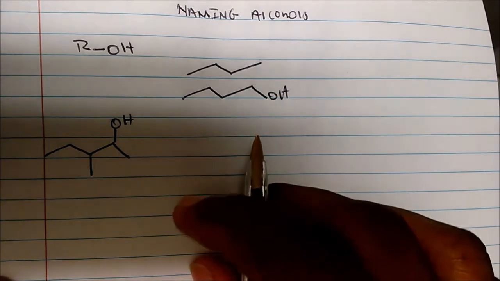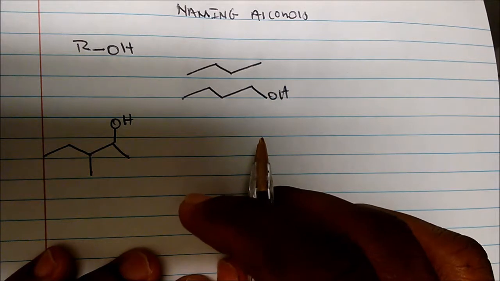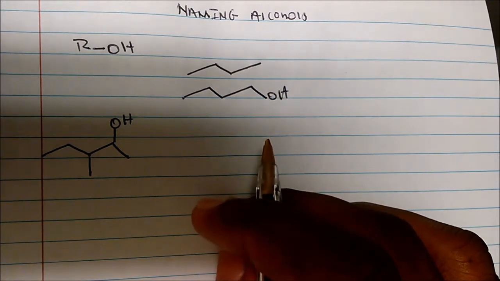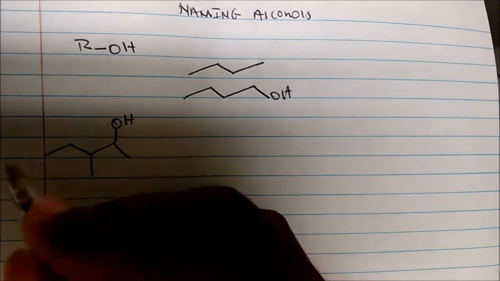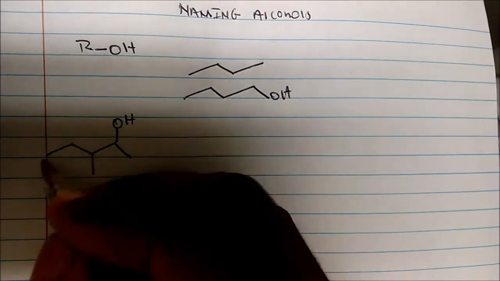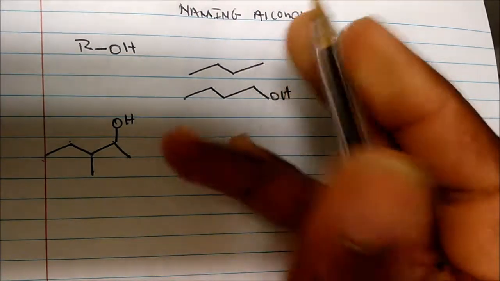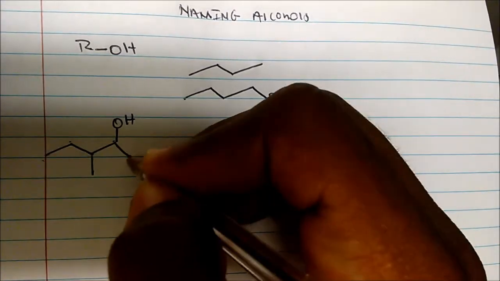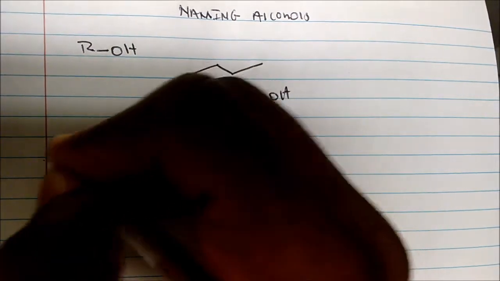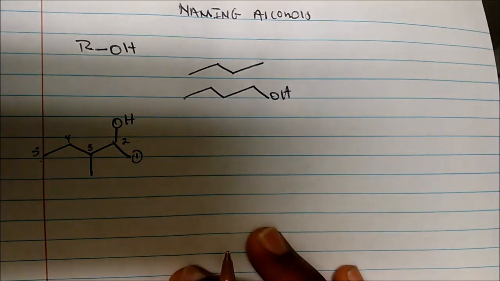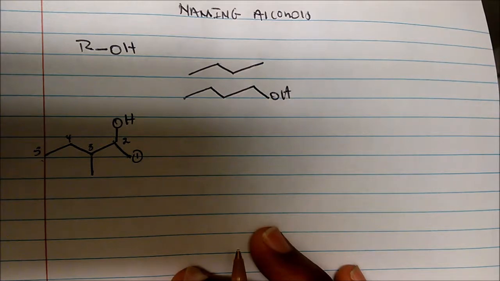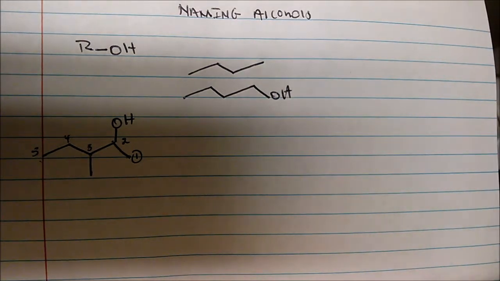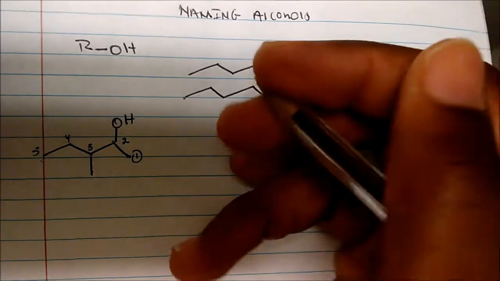So you always got to give the location of the alcohol the lowest number. So we could start from here and say, okay, this is carbon 1, 2, 3, 4, 5. Or we could start from here and say this is carbon 1, 2, 3, 4, 5. So obviously it would be better to start from here, since that gives our hydroxyl group number 2 instead of being at number 4, right?